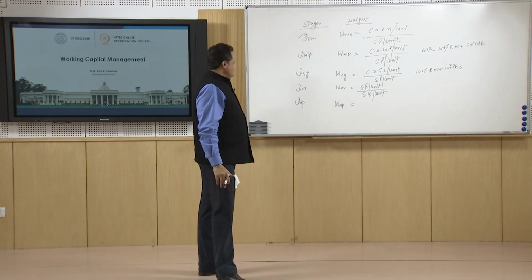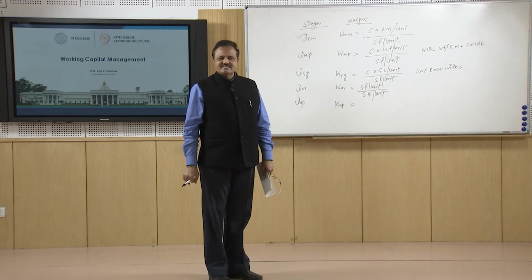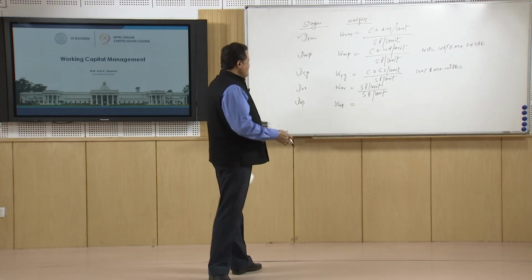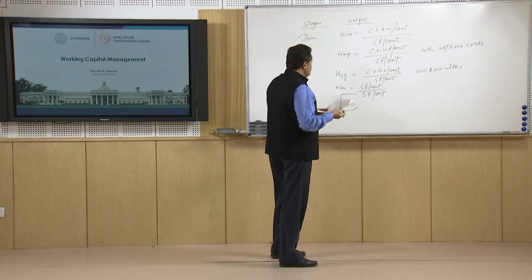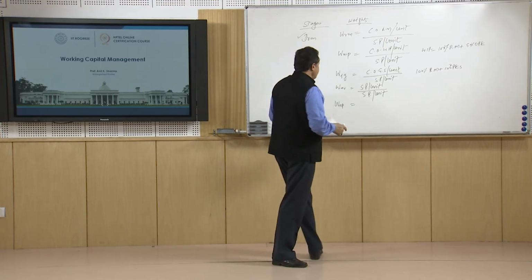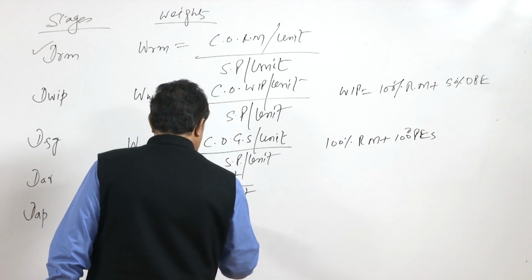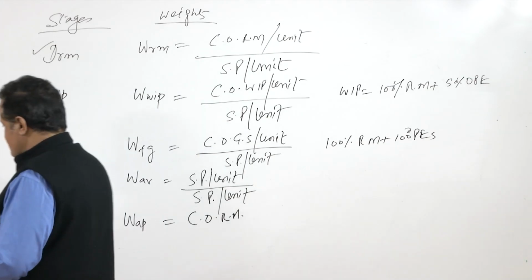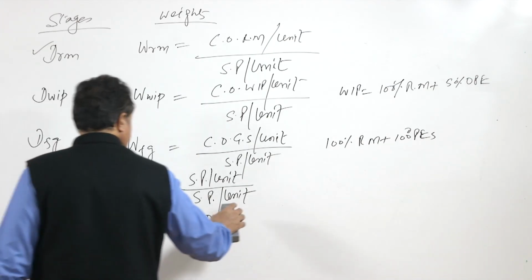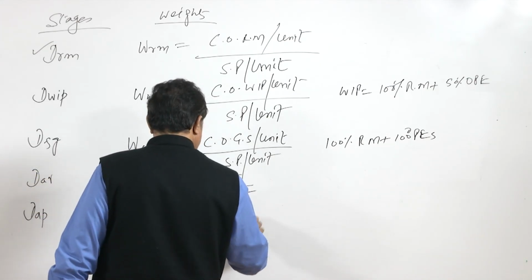So, because of that the accounts payable exist in the balance sheet. So, that weight will be the same as the cost of raw material, because your accounts payable are going to be the amount of your raw material.